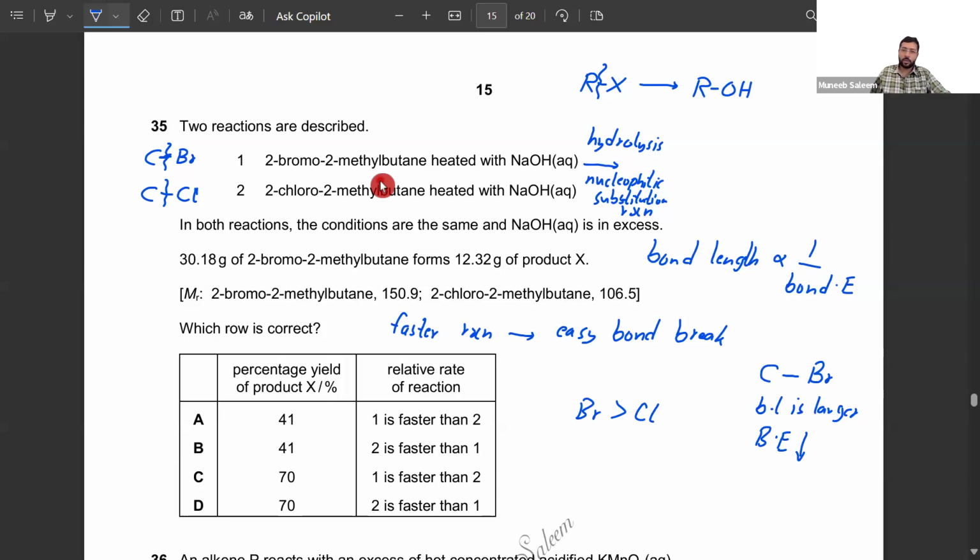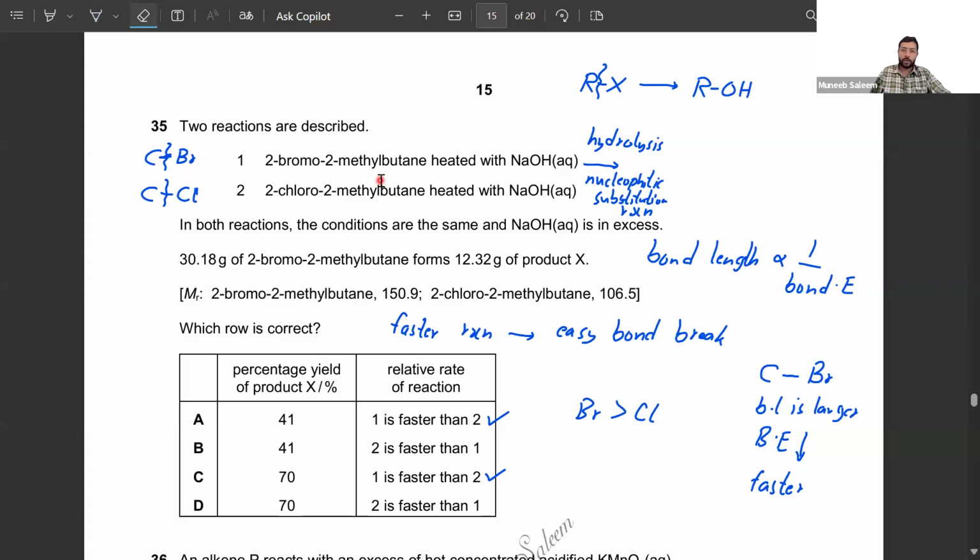And that's why we could say that the rate is faster. So this one has a faster rate of reaction. So from here, we can select the option from the second column that involves bromine. It is the correct option from the second column.